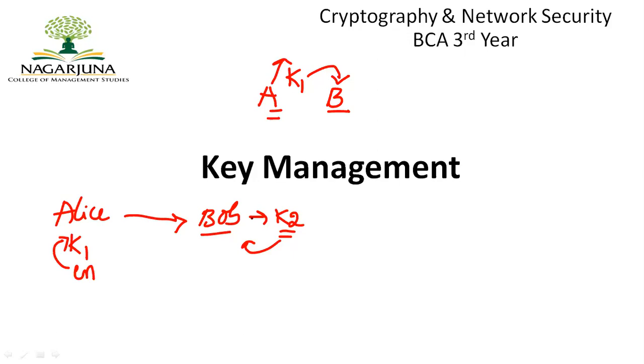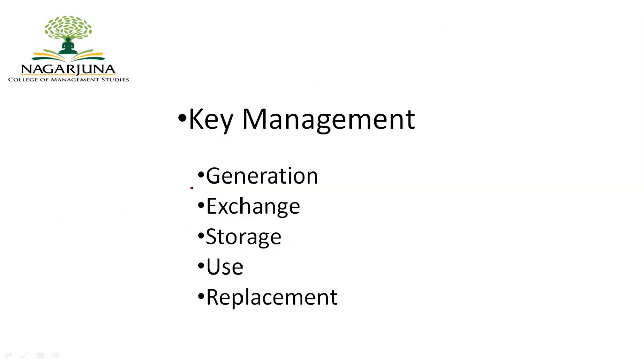Now, dealing with the key management system. The purpose of key management in a crypto system is to help with the generation of keys, exchanging of keys, storage of keys, how the keys have to be used, and how you can make a replacement with respect to keys.